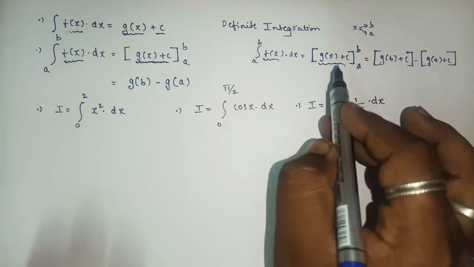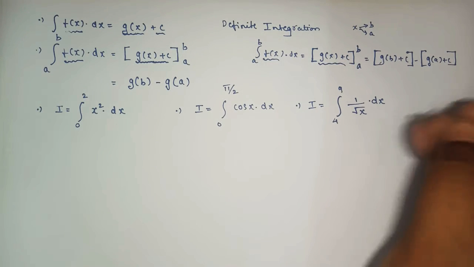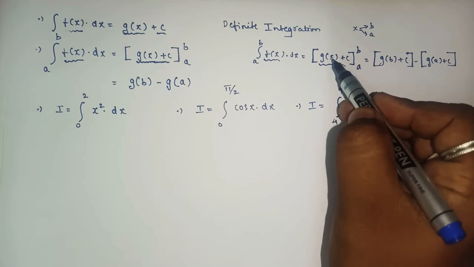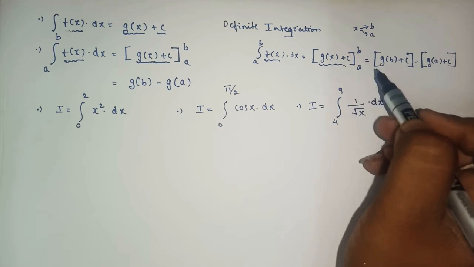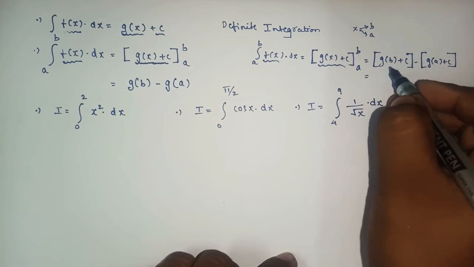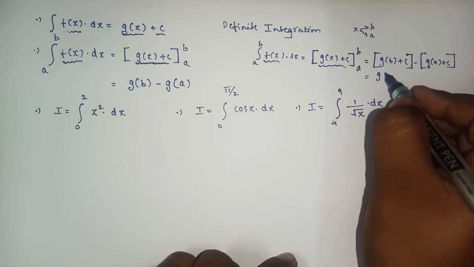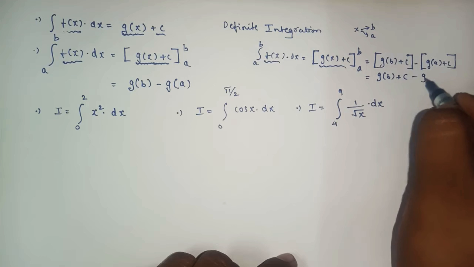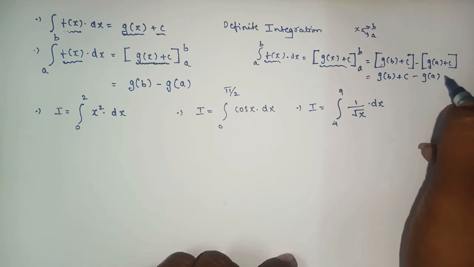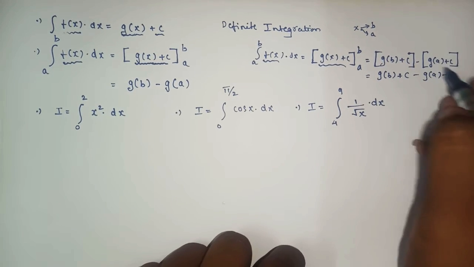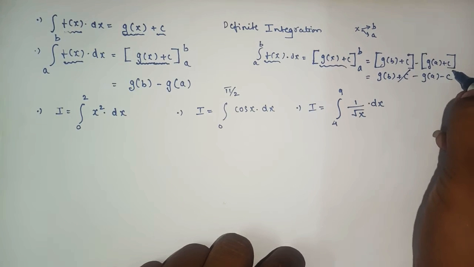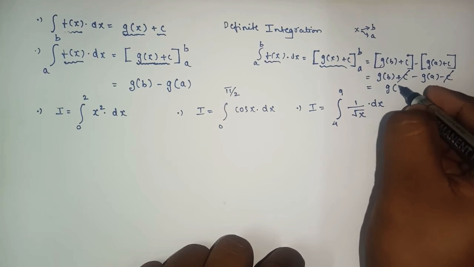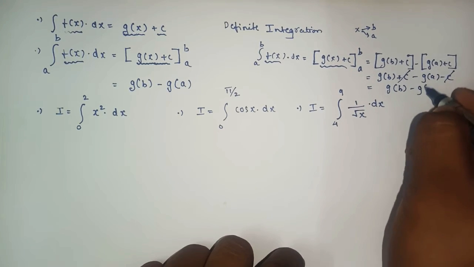You do the integration with respect to x, and the last part is simply to replace the value of x first by the upper limit and then by the lower limit. Just bracket open, so here you will get g of b plus c minus g of a plus c, minus and plus. Yes or no? So here clearly we can see that plus c and minus c will get cancelled, and we are left with g of b minus g of a.